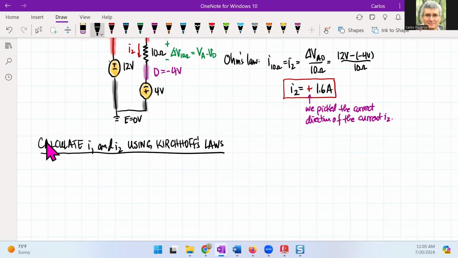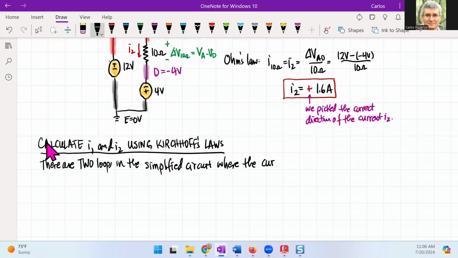Note that we've already simplified the circuit, and there are two loops in the simplified circuit where the currents are now the path direction.